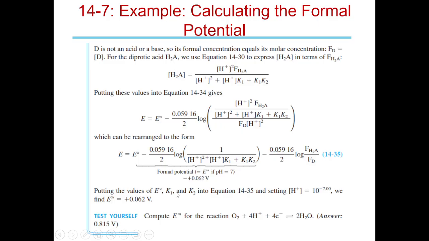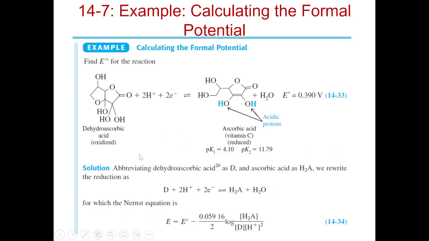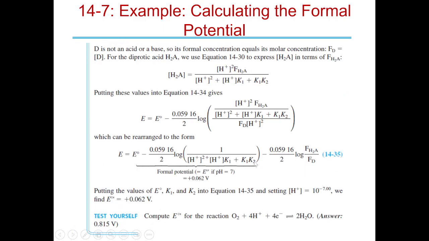K1, K2, well, these are both constants, right? So we can get that from the tables. And our E naught was given to us up here. So we have everything except for this term. But we don't need that term, do we? Because that's not part of an E naught prime.